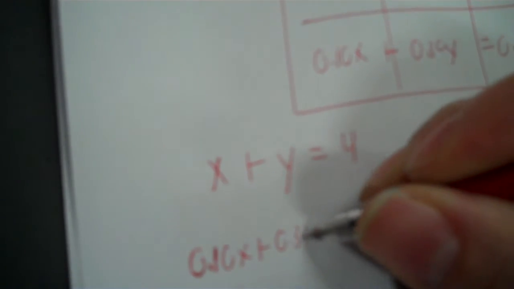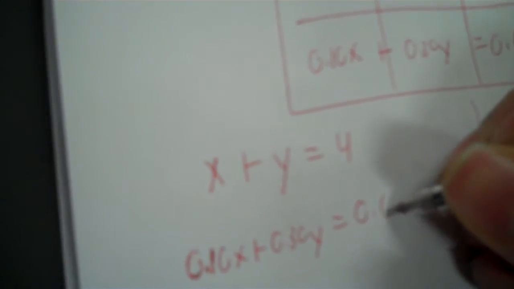So x plus y equals 4, 0.10x plus 0.30y equals 0.6. Okay, apply elimination, so you multiply by 0.10 on top. And the bottom we'll multiply by 1.